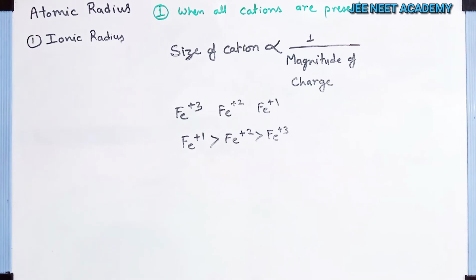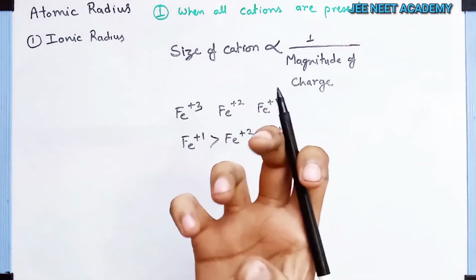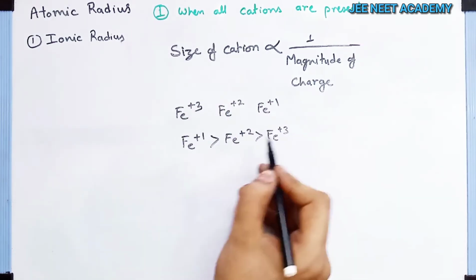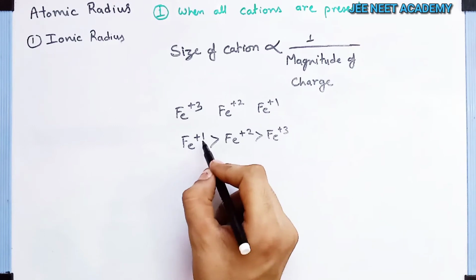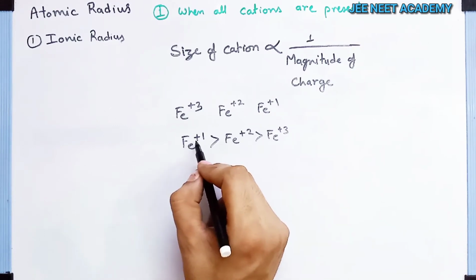Because in the center of an atom, protons are there, which attract the outer electrons toward the center. The outermost electrons are pulled inside by the protons. Here these are less, and here, compared to this, it is more.